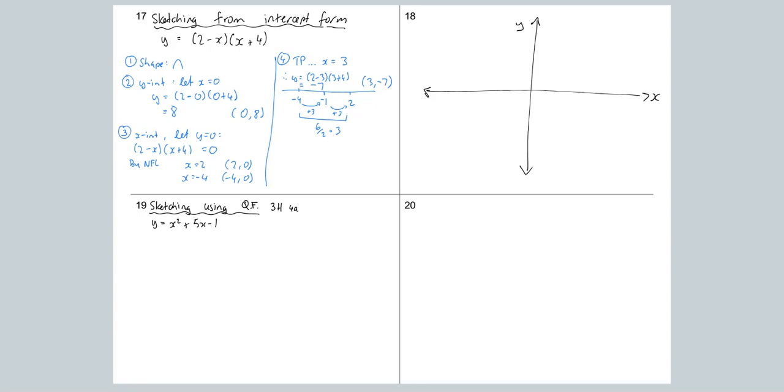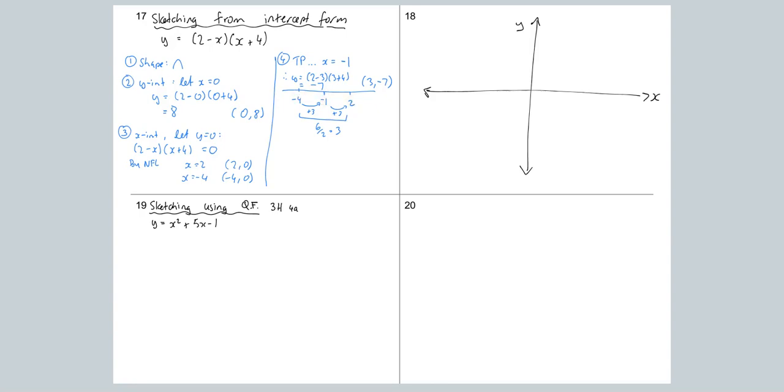I don't often do it, but I should do. Oops, I've got to go back, don't I? I'm not going to redo this video because it's not worth it, but I need to go back because I've stuffed up a little bit here. The turning point isn't 3. 3 is the number of units I had to shift across, but the turning point is actually -1, like so, because that's the midpoint between -4 and 2.